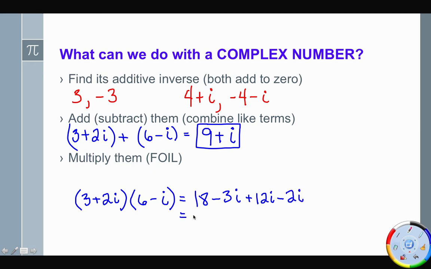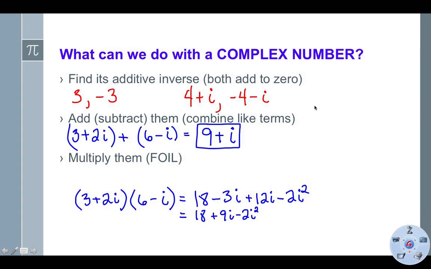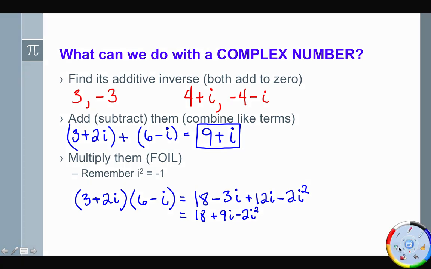If we simplify this, I get 18 plus minus 3i plus 12i, that's a plus 9i. And I get minus 2i squared. But this is actually not complete because of one of the pieces from our definition. The definition is i squared equals negative 1.